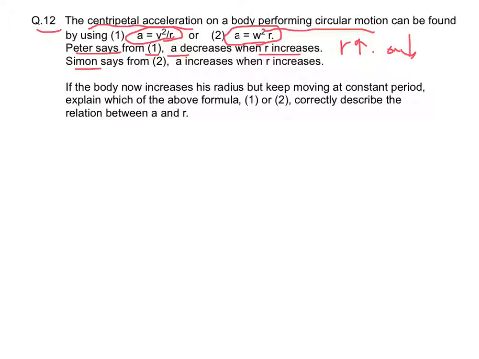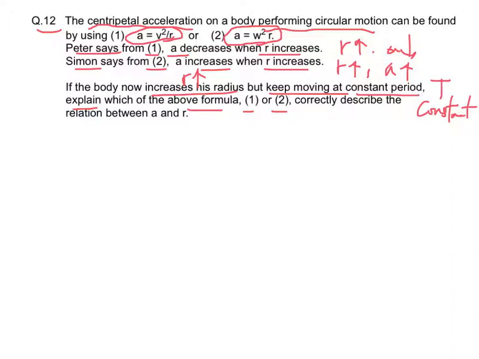And Simon says from 2, a increases when r increases. If the body now increases its radius, but keeping its period constant, explain which of the above formulas, 1 or 2, correctly describes the relation between a and r.